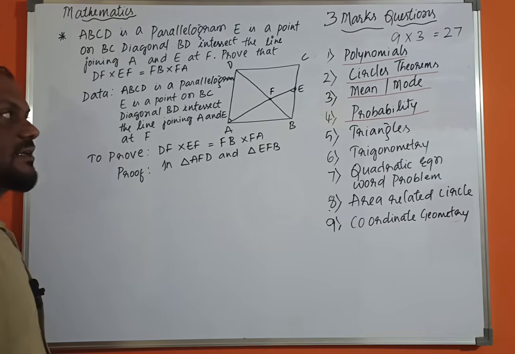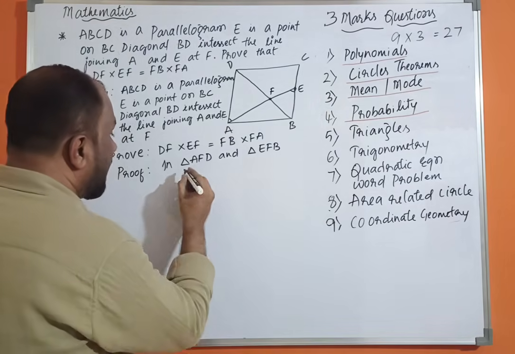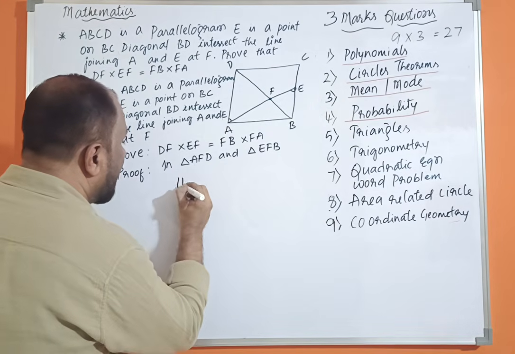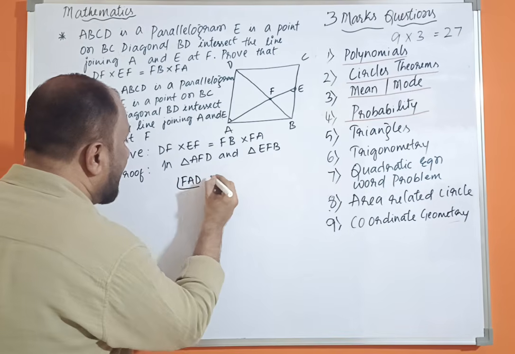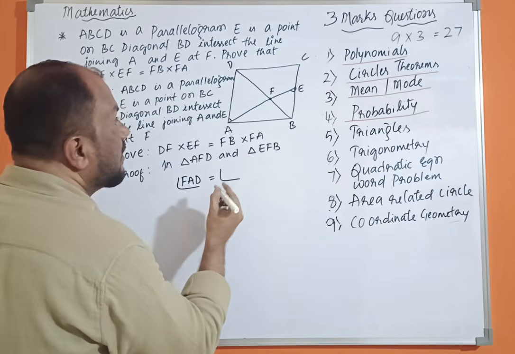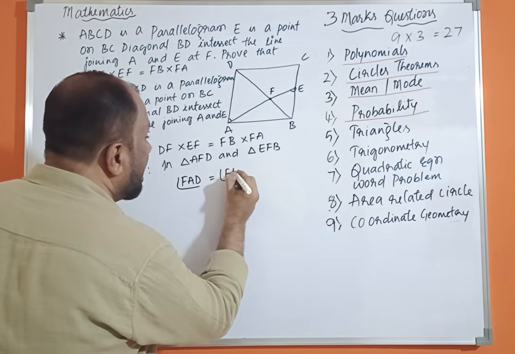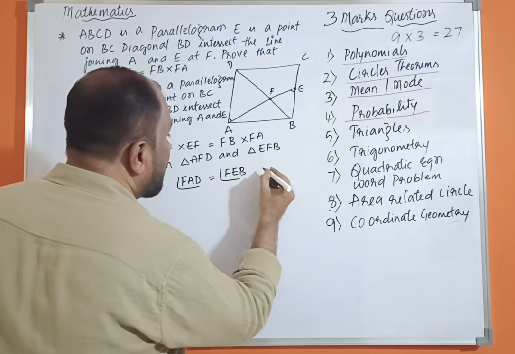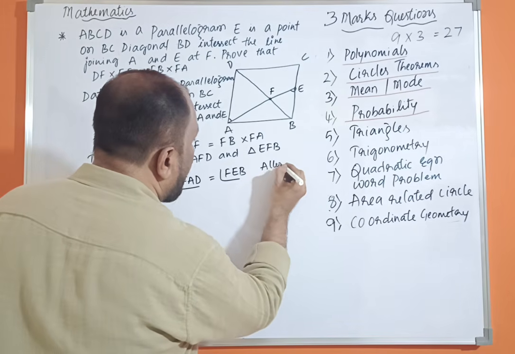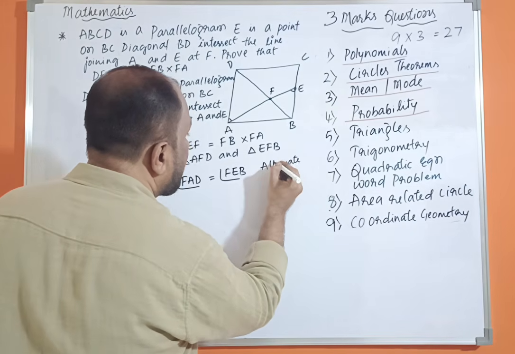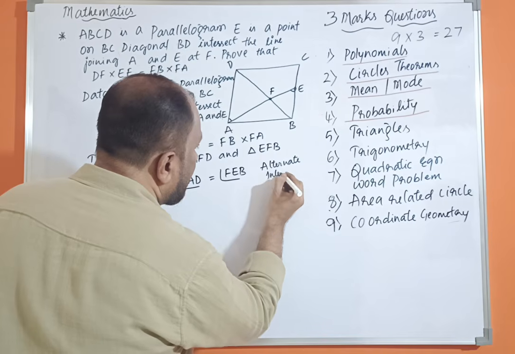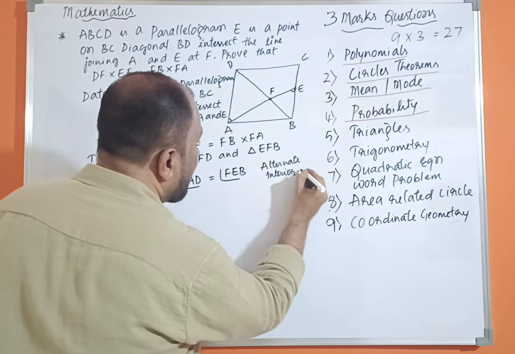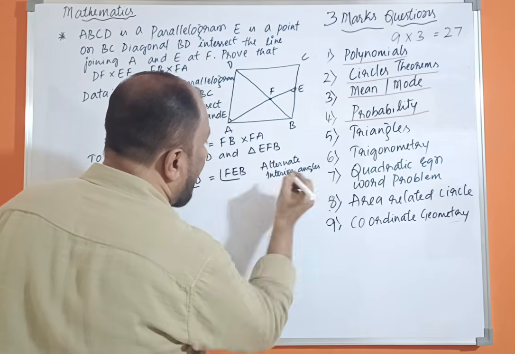So I write angle FAD is equal to angle FEB. Reason: alternate interior angles.